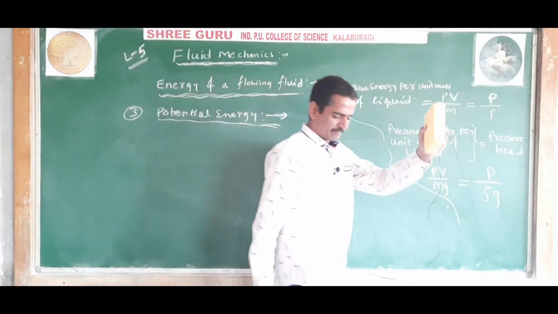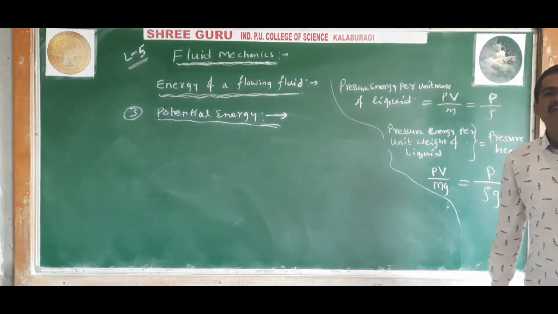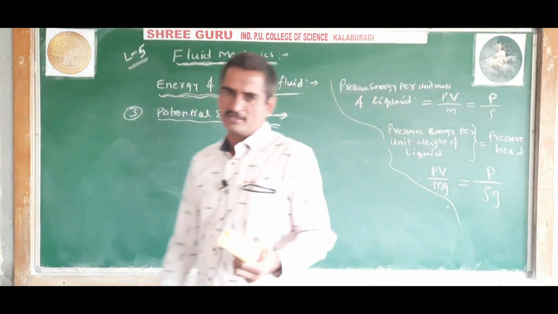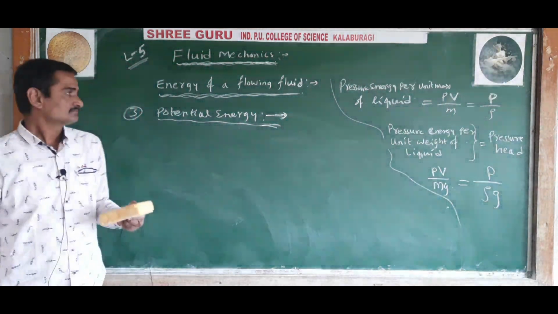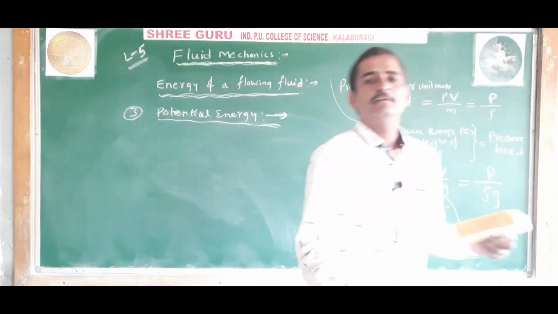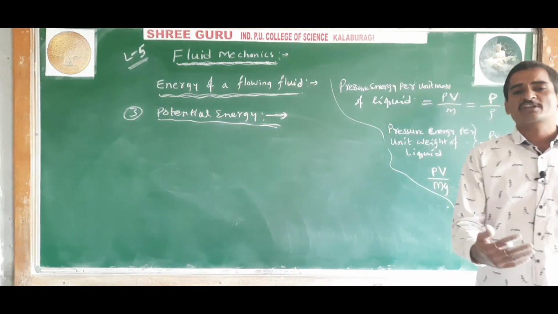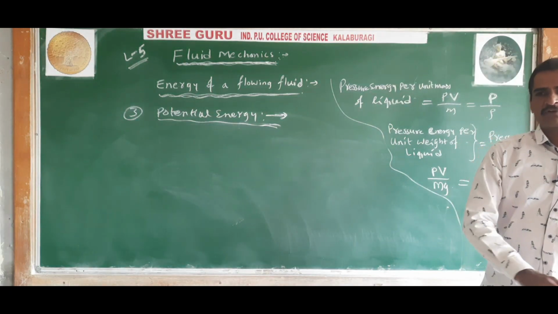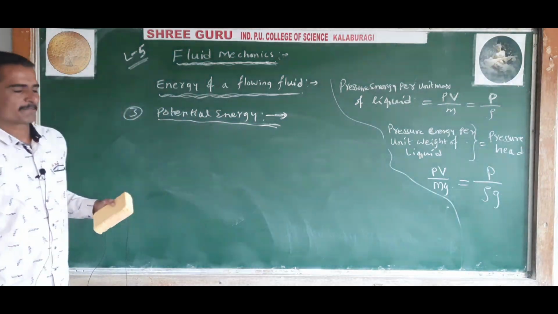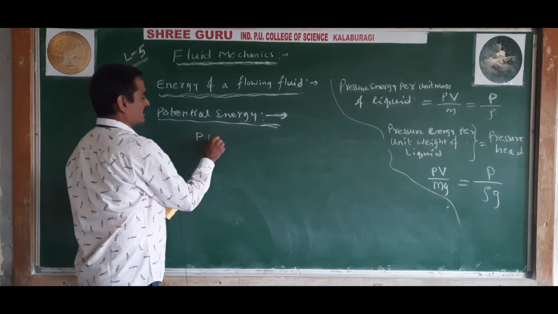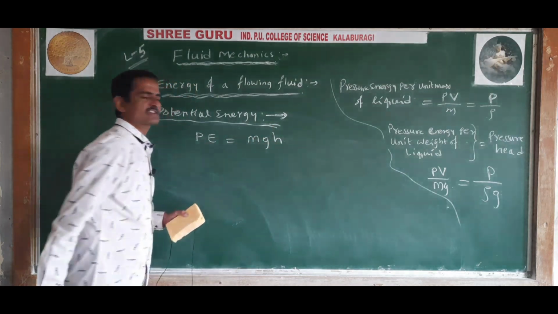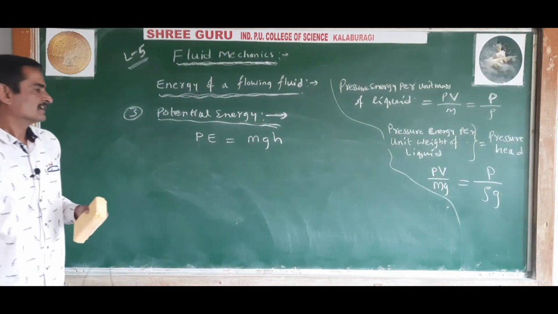The energy possessed by the fluid or liquid by virtue of its position with reference to a fixed point, or with reference to the earth or the surface, is called potential energy. The potential energy of a liquid of mass m is given by mgh.